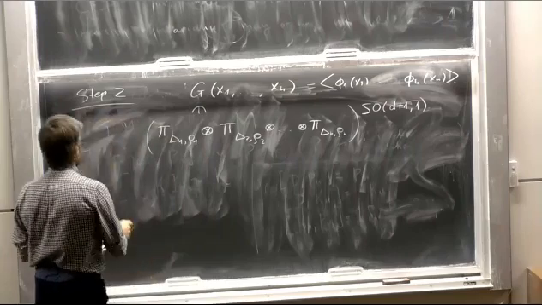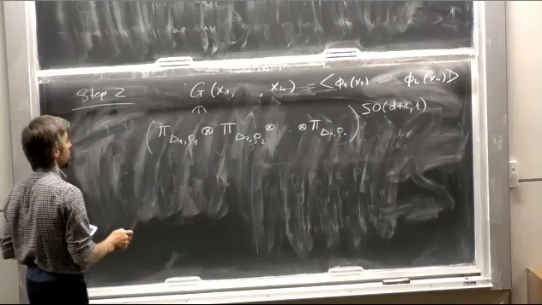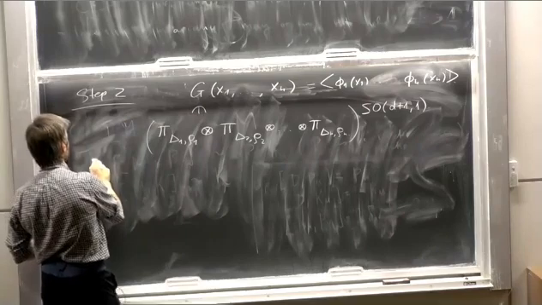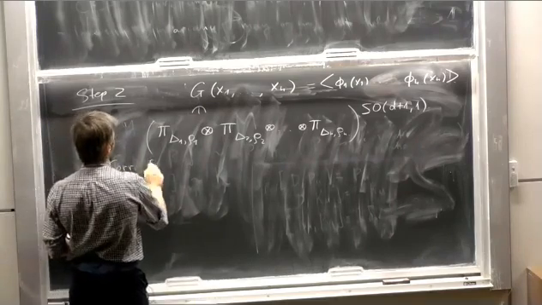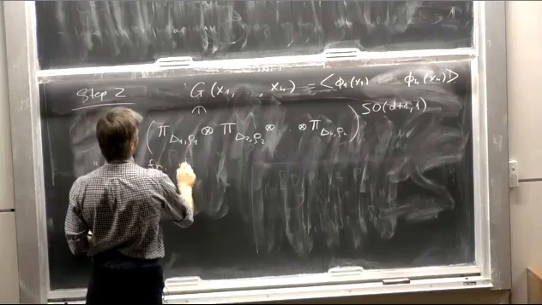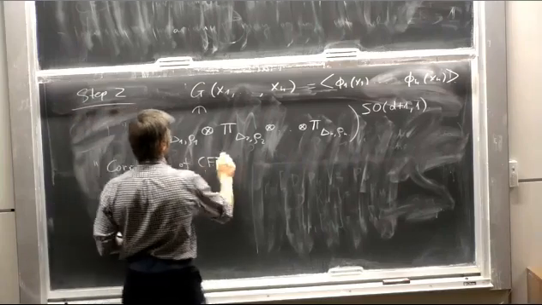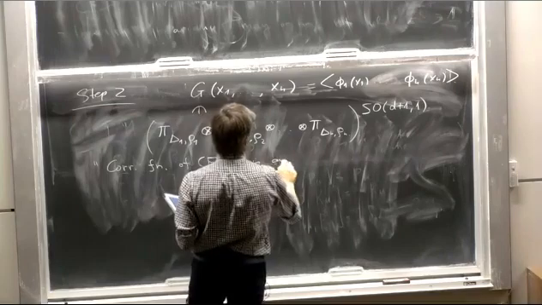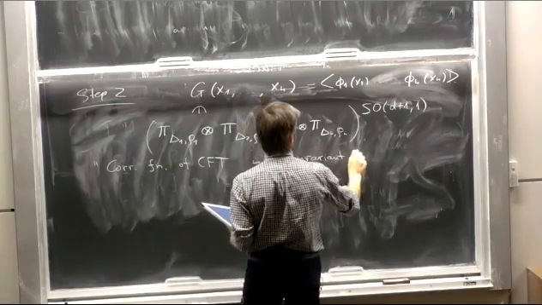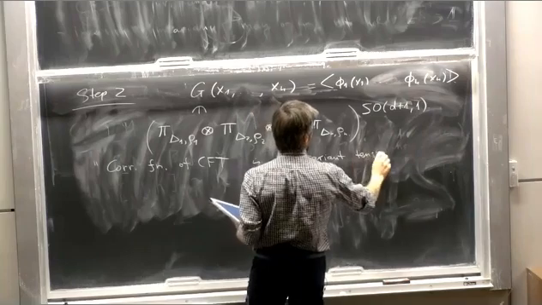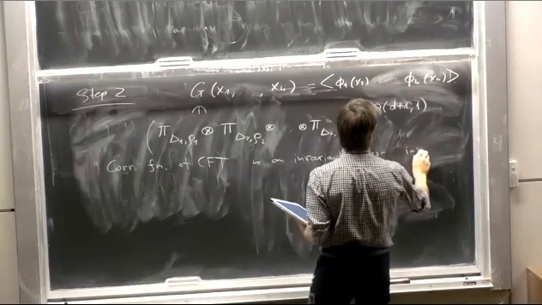So, in other words, in group theory language, what we have is the following statement: a correlation function of a CFT is an invariant tensor inside a tensor product representation.